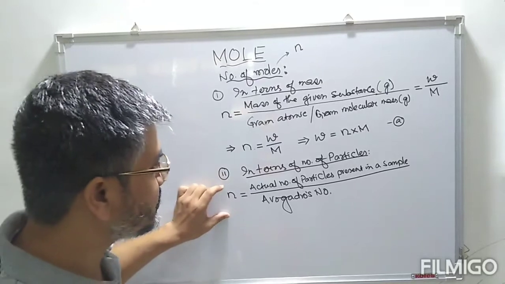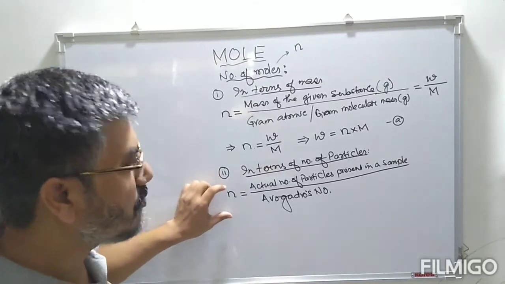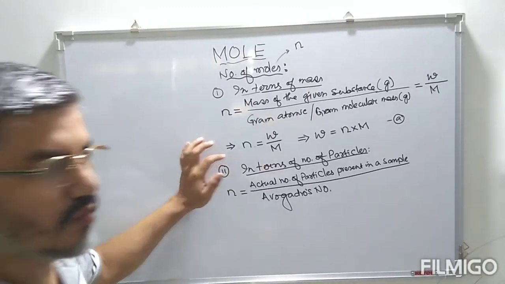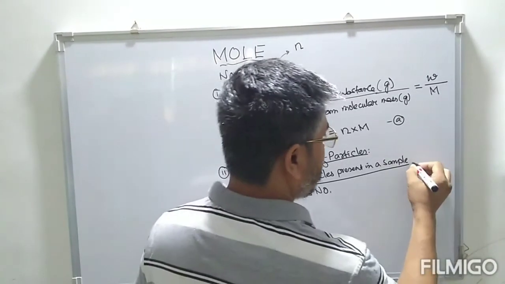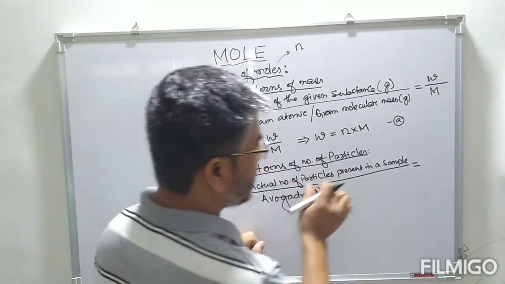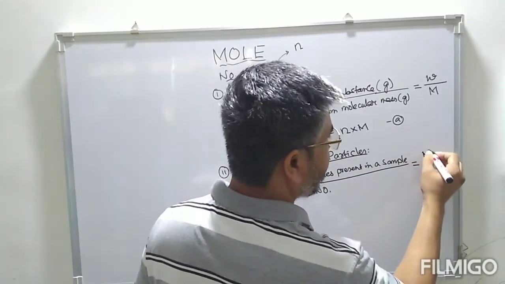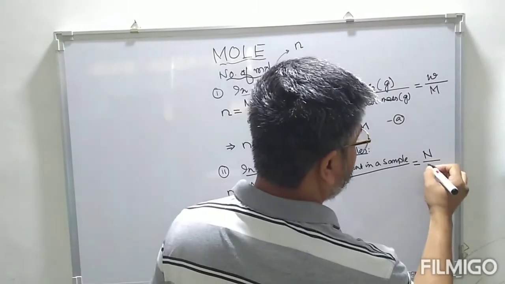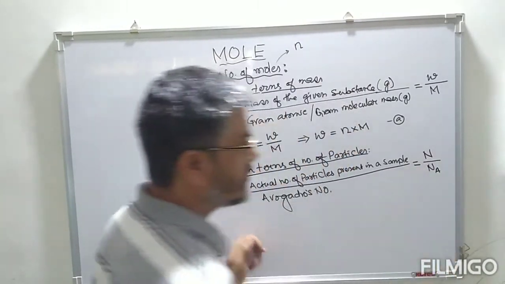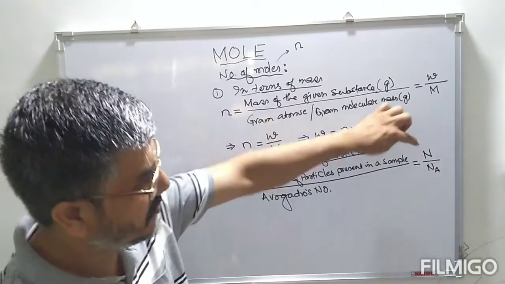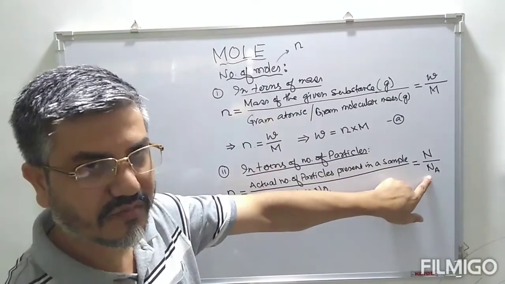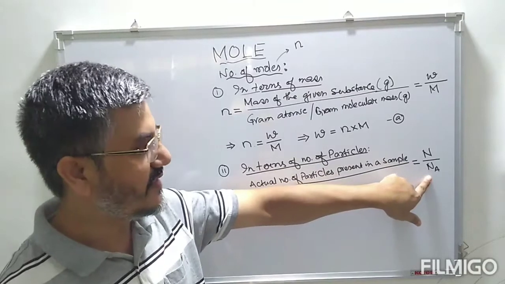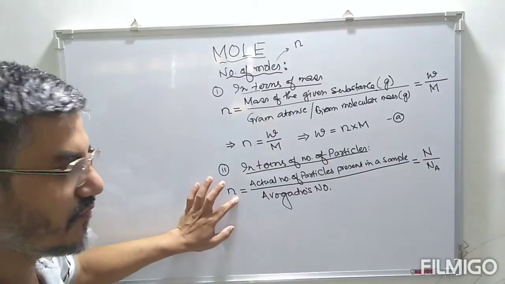So therefore look at this. If the number of particles is given, then we have to use this equation to find the number of moles. Let the number of particles in a given sample be represented by capital N and Avogadro number by Na. So this ratio, number of particles divided by Avogadro number, that is 6.02 into 10 to the power 23, is also defined as number of moles.